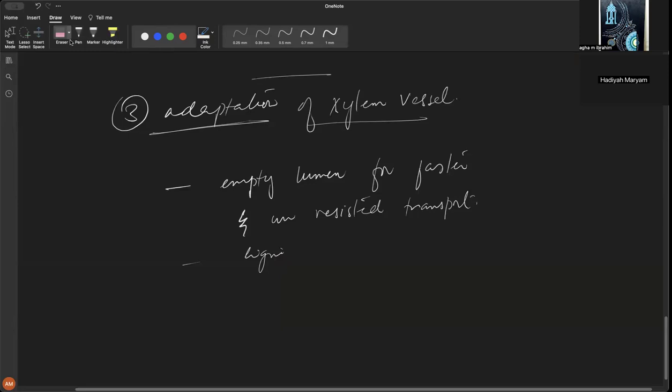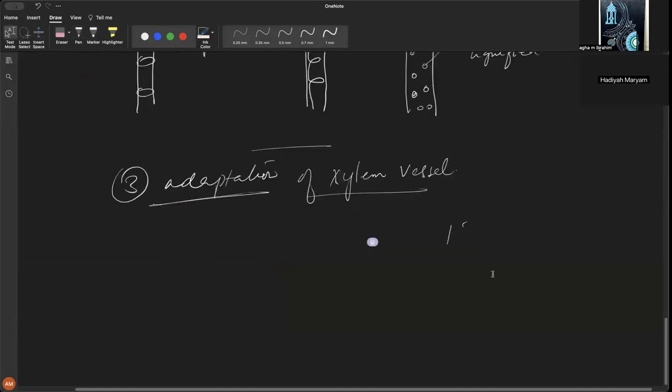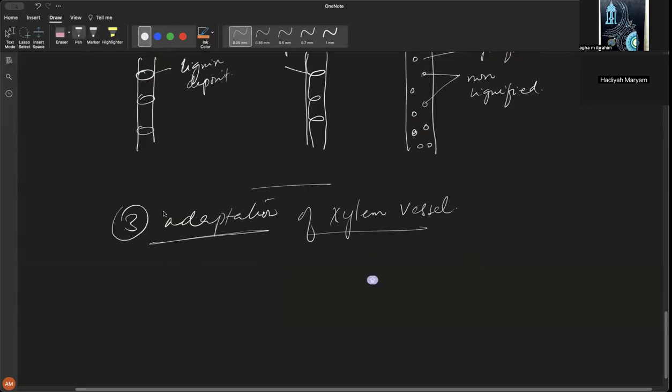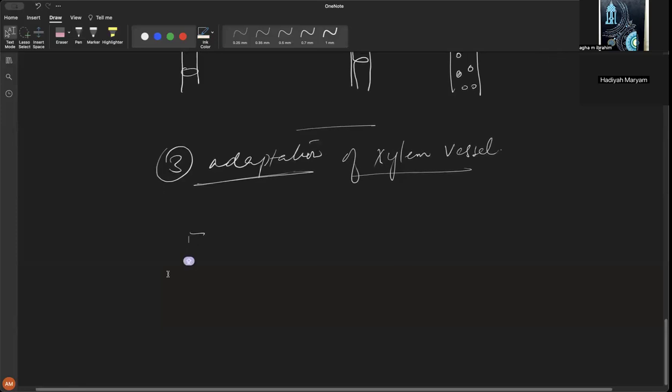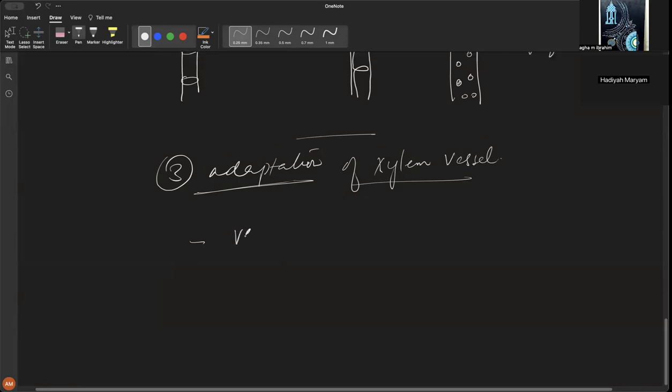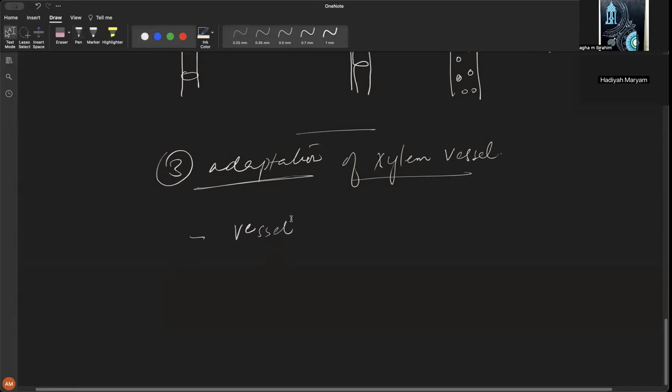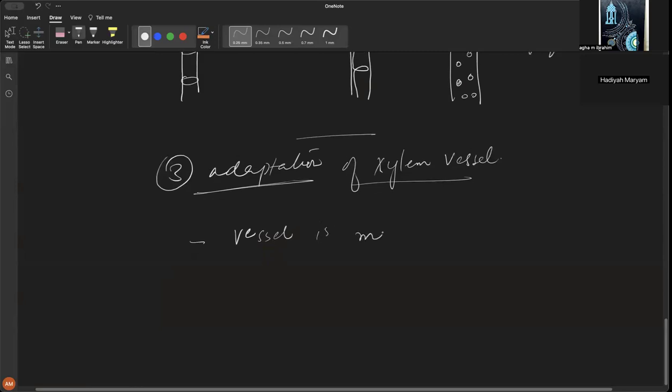All right. So when we talk about adaptations of the xylem vessel, we know it is made up of dead cells. We'll write that again, inshallah. When we talk about the adaptations, we say that the xylem vessel is made of dead cells, right?